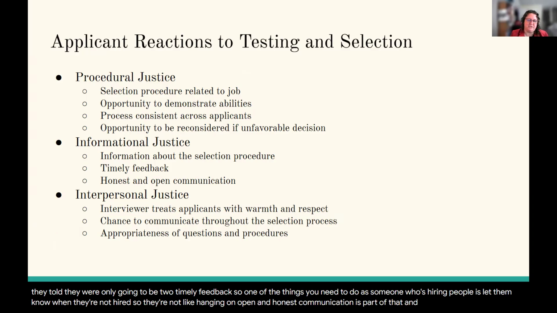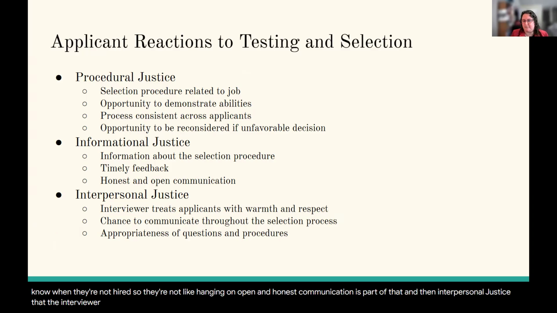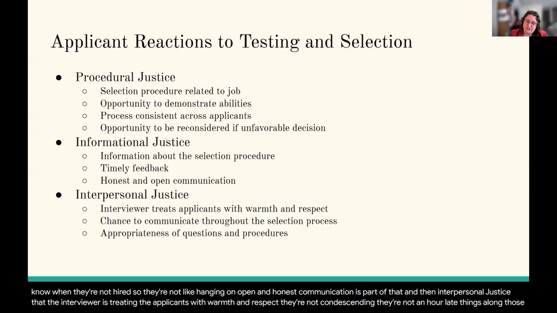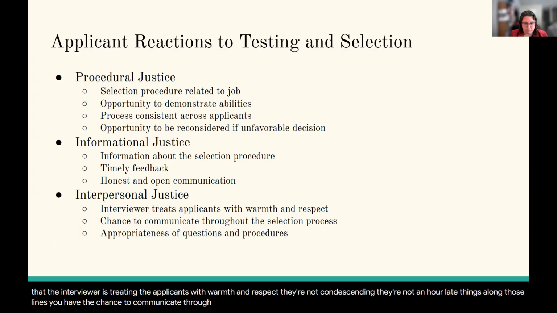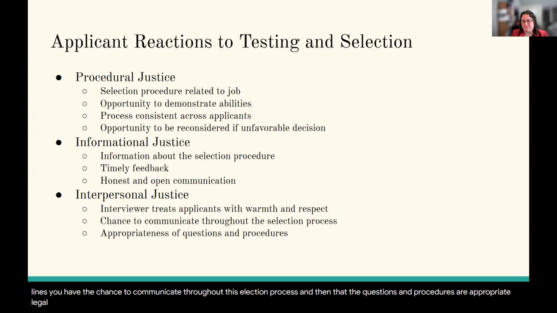And then interpersonal justice, that the interviewer is treating the applicants with warmth and respect. They're not condescending, they're not an hour late, things along those lines. You have the chance to communicate throughout the selection process. And then that the questions and procedures are appropriate, legal, ethical, etc.